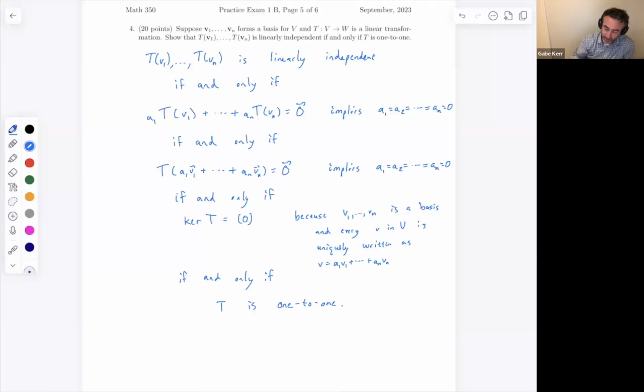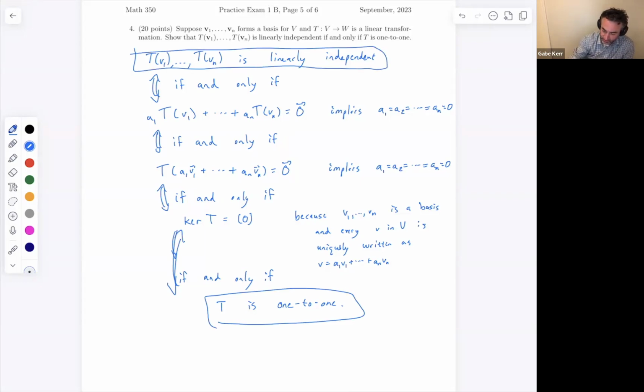This is an argument that every step is sort of equivalent to the next. That means that this is equivalent to this, which is what you're trying to show. But the key is, you're using definitions. This is just definitional. This is linearity.